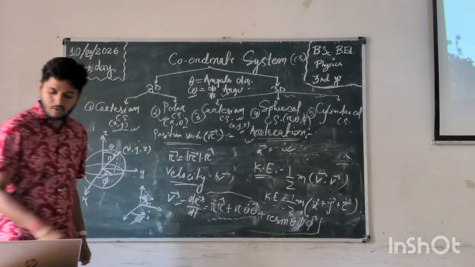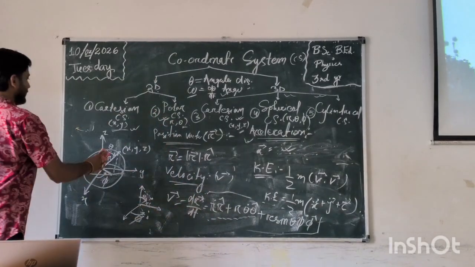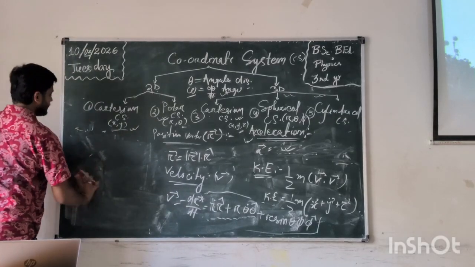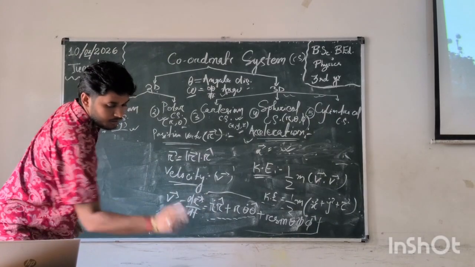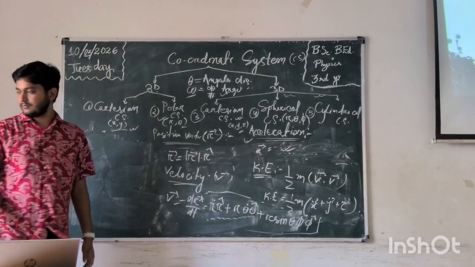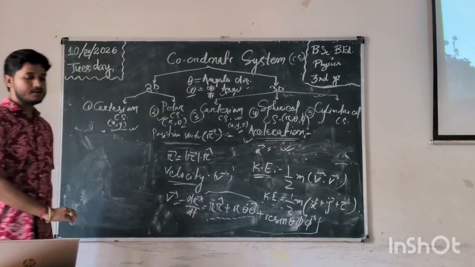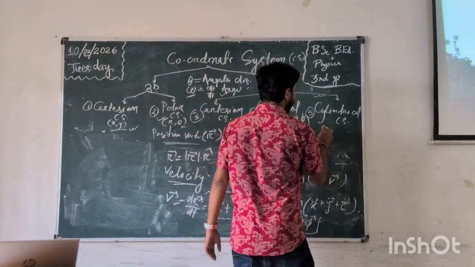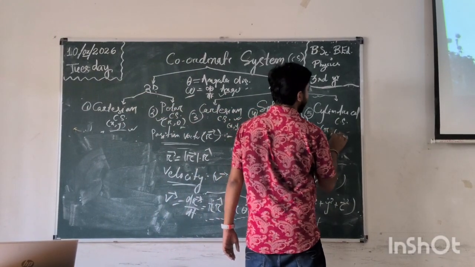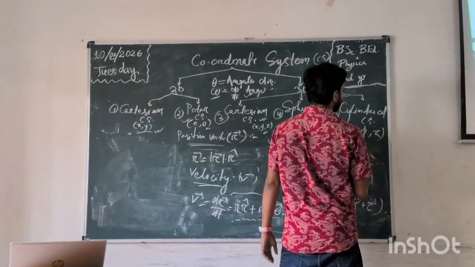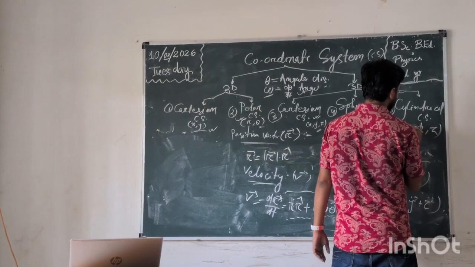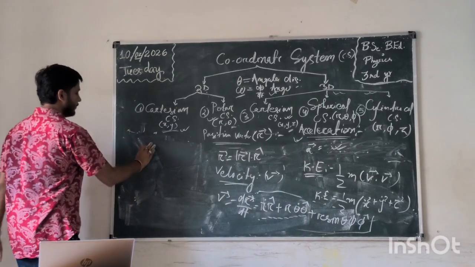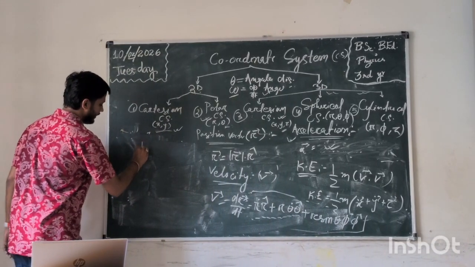For cylindrical coordinates, here I am going to discuss in terms of r, phi and z. Suppose I am taking a cylinder.